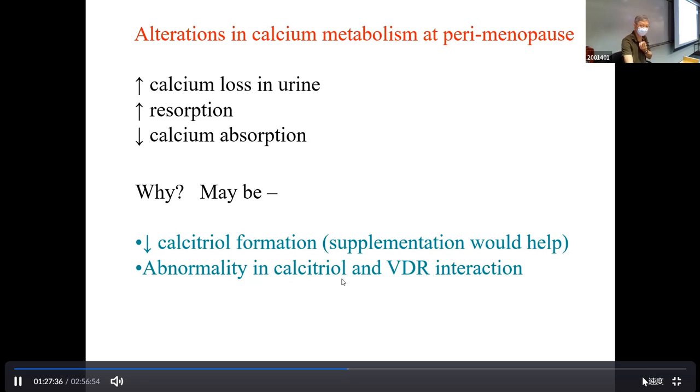Another is abnormality in the interaction between calcitriol and the vitamin D responsive element, basically the interaction between vitamin D and the receptor, the vitamin D receptor, that may cause the problem.